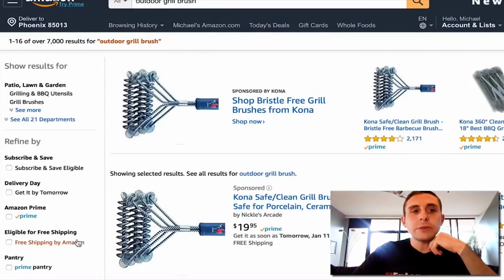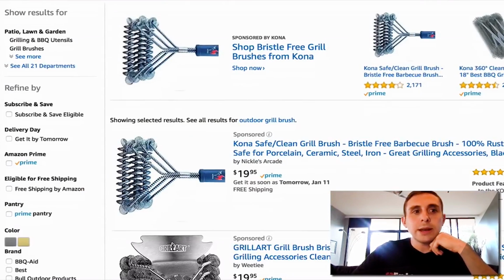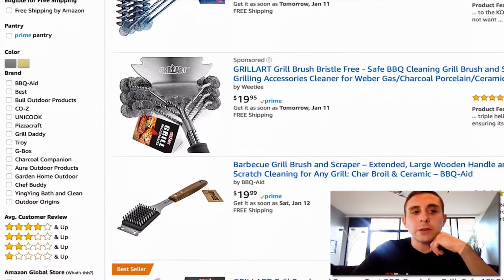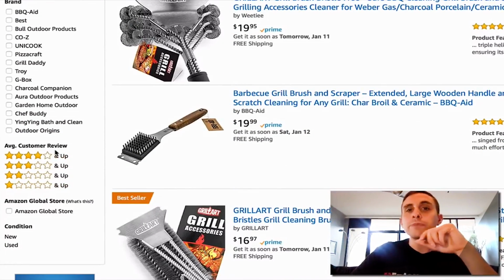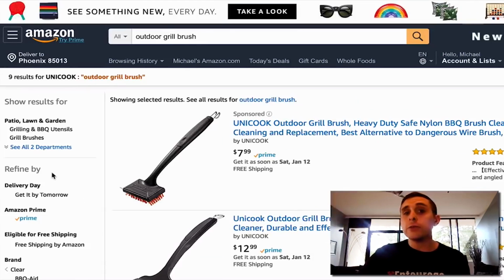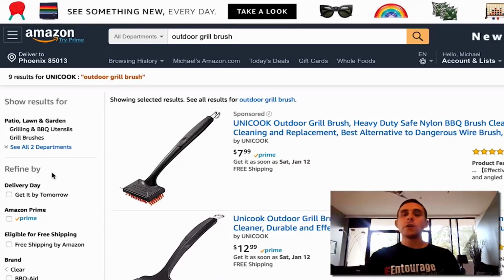But if they start to narrow their search by going down and looking into deeper categories over here, or if they start looking at particular brands, or if they start looking at average customer reviews, we can now target particular categories and go deep into category targeting by selecting certain brands and average customer reviews over here. So just keep in mind that that is another way to target your ads, right?